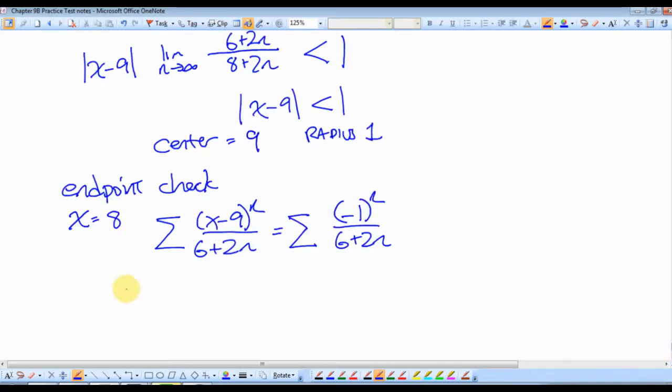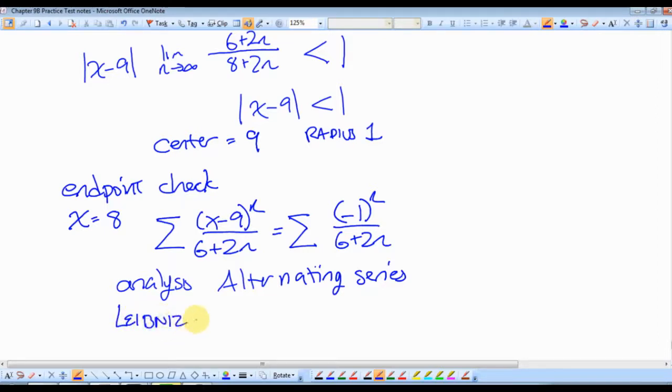Analysis. Alternating series. Let's use the Leibniz test. I'm still calling Leibniz the alternating series test.